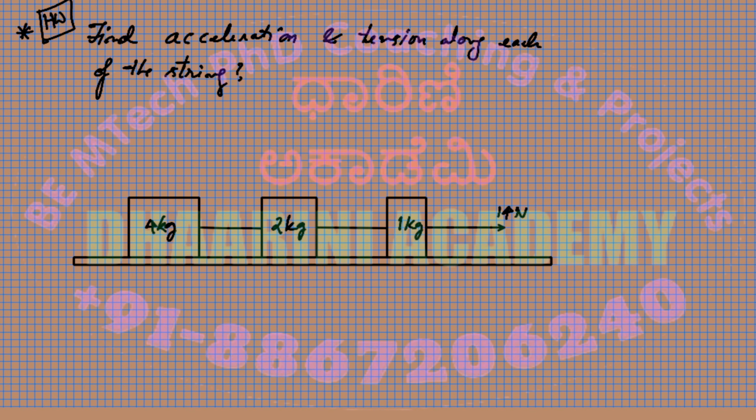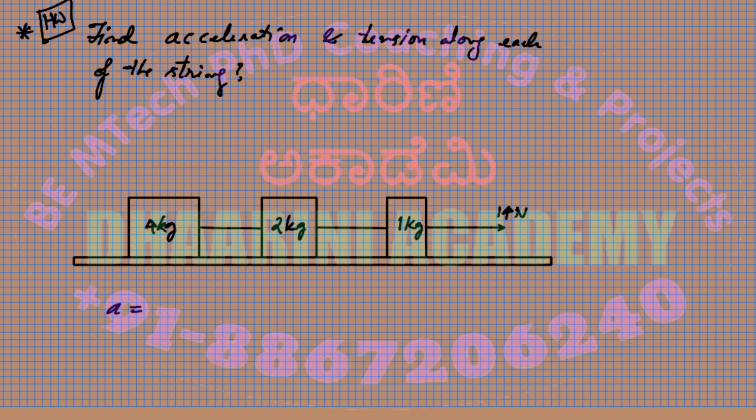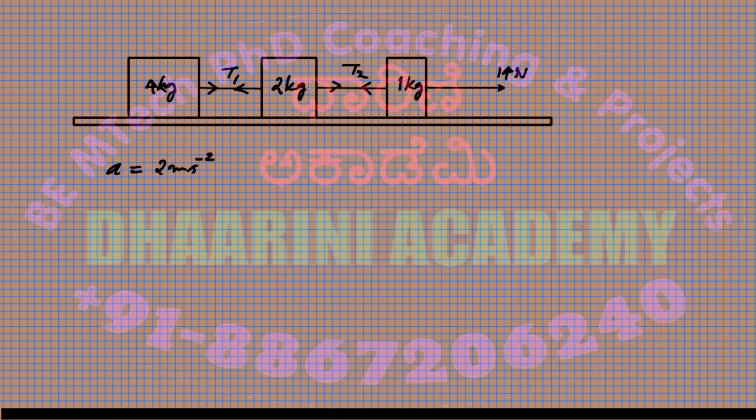Okay, so here our intention is to find the acceleration. When you solve, what is the acceleration? A is equal to 2 meter per second square. That's right. So if I call this T1 and this T2, the tensions along these strings, what is T1 and what is T2?